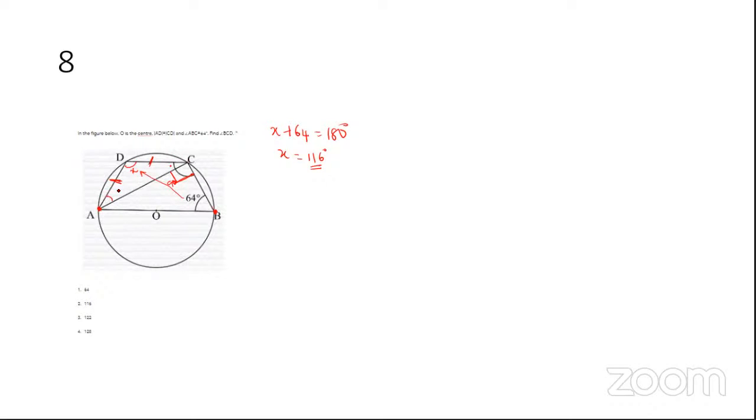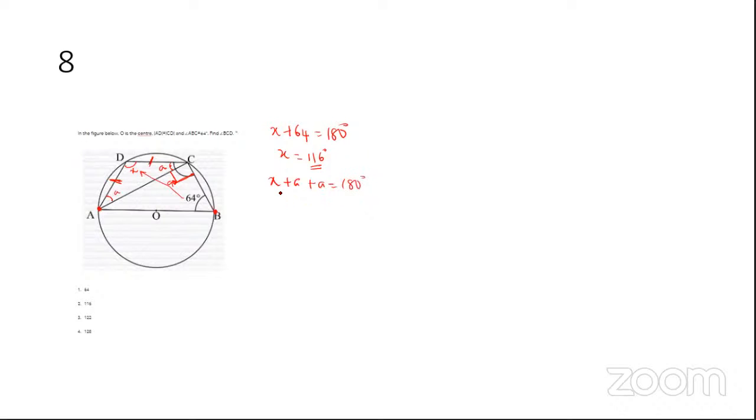This is the base angle, this is the base angle. Call it A, call it A. So in this case we realize that X plus A plus A will give us 180.